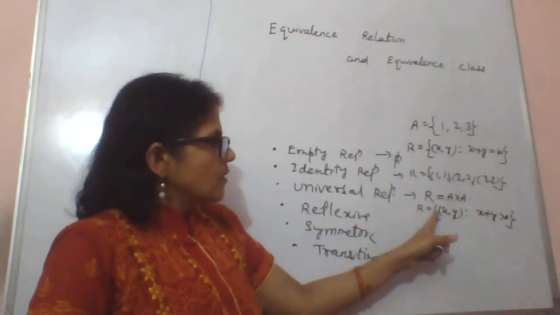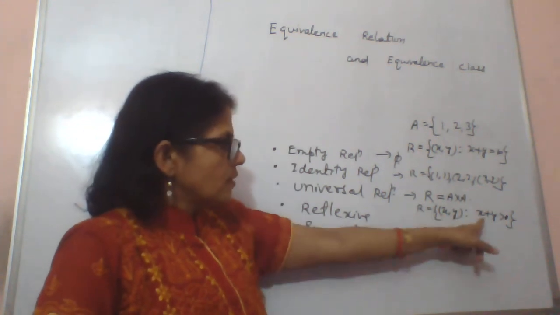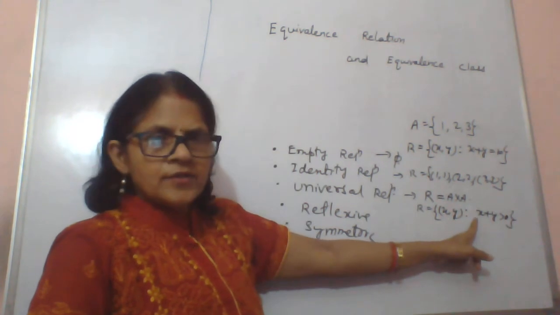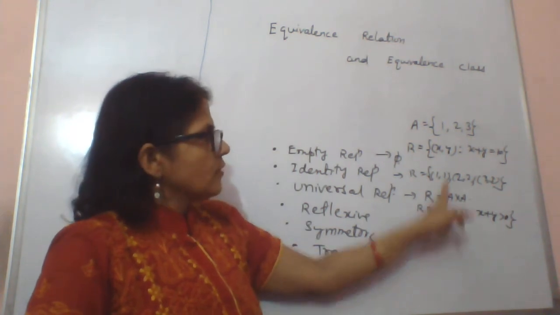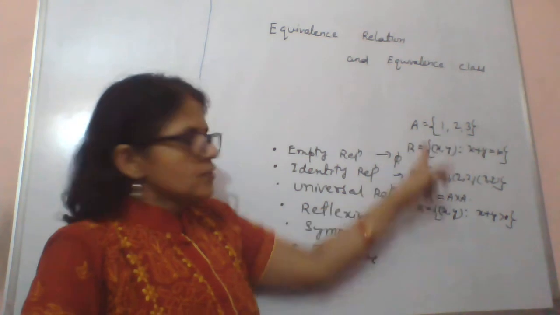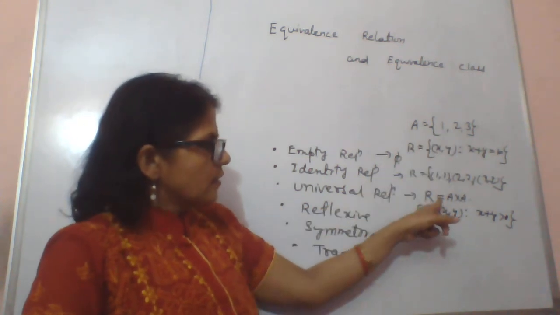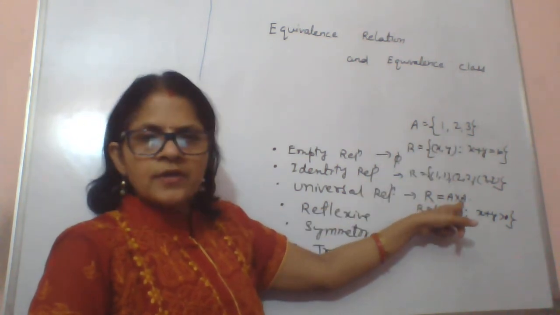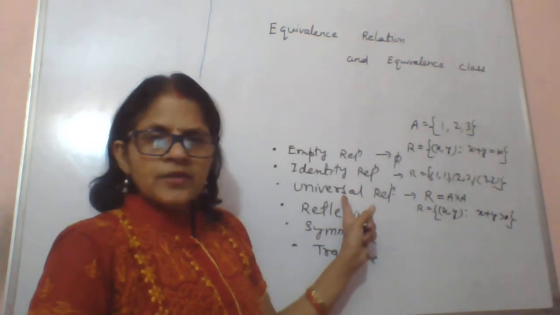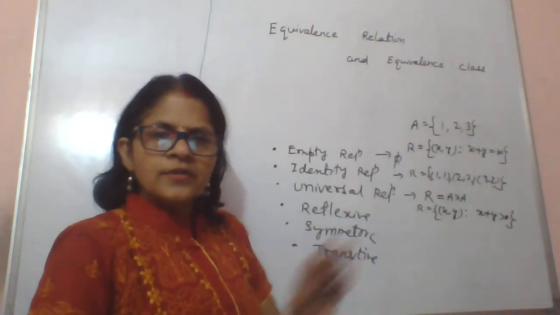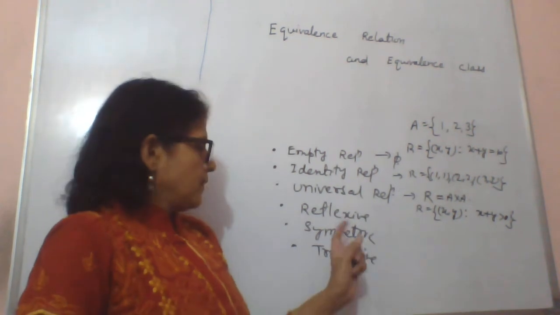So a relation defined in this way is actually the whole of A cross A. When a relation is equal to A cross A, we get the universal relation, so all the elements have been taken.